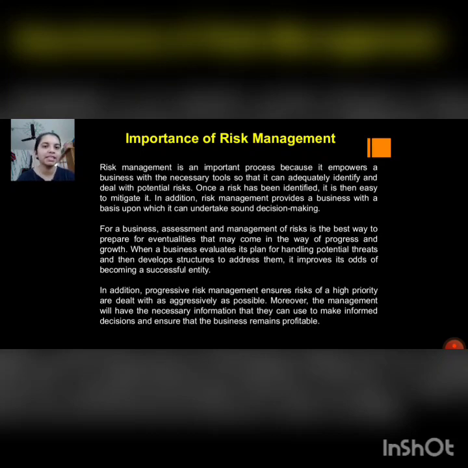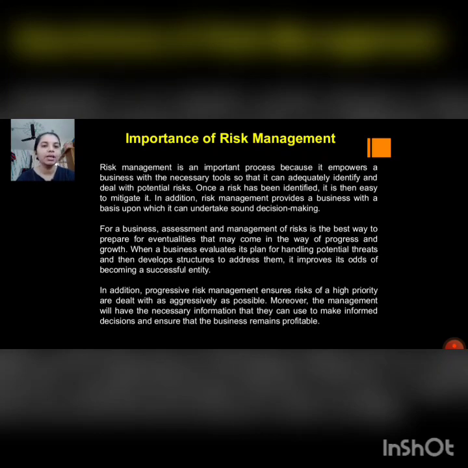For a business, assessment and management of risk is the best way to prepare for eventualities that may come in the way of progress and growth. When a business evaluates its plan for handling potential threats and develops structure to address them, it improves its odds of becoming a successful entity.